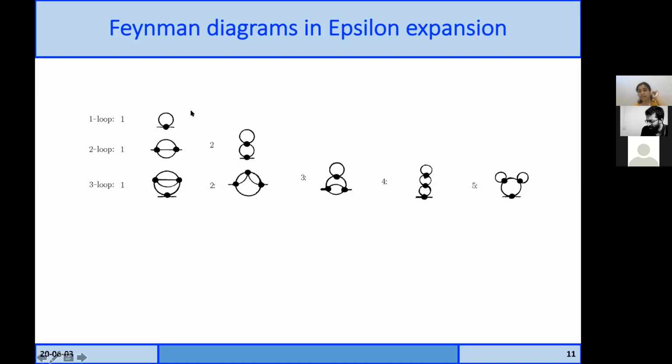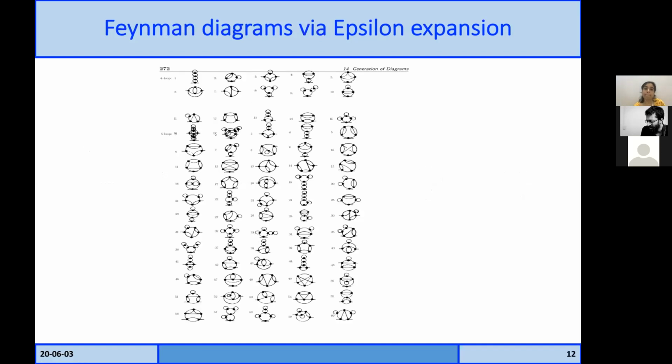This is a 2-point function. This is the 1 loop, this is a 2 loop, and so on. You see that as we go higher in loops, the number of diagrams increases. And these are the higher loops: this is the 4 loop and this is the 5 loop. Not only does the number of diagrams increase, but these are really complicated diagrams. In order to compute the 5 loop correlator, you have to compute all these diagrams.